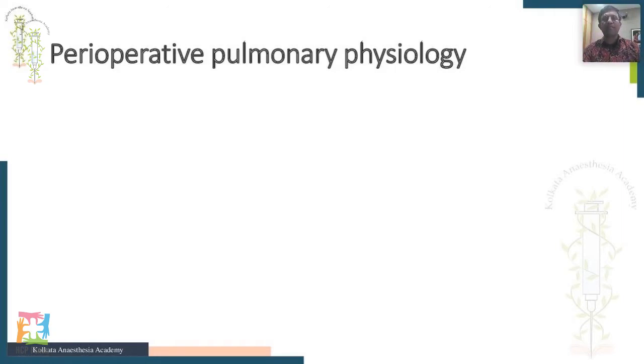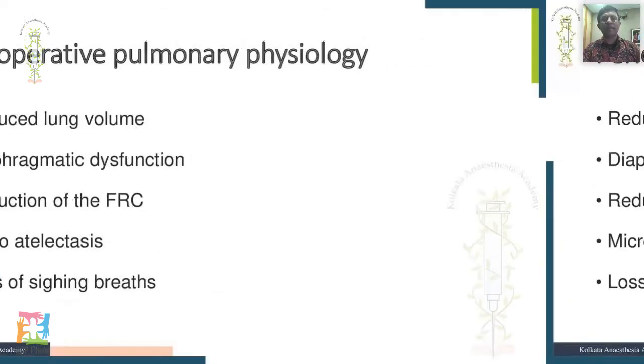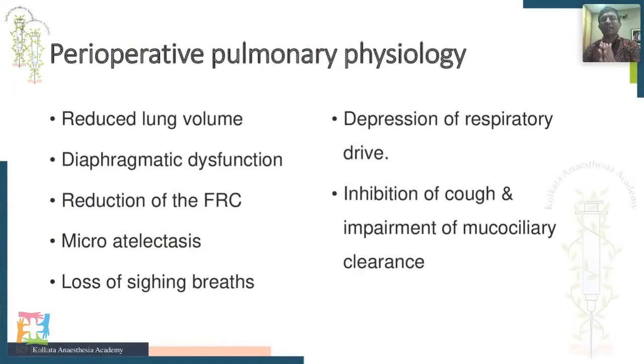So we'll first deal with perioperative pulmonary physiology. If you look at the perioperative pulmonary physiology, the development of postoperative complications is essentially an extension of the derangement of the pulmonary physiology, which is mostly of the restrictive type, like reduced lung volumes, diaphragmatic dysfunction, reduction of the FRC, microatelectasis, loss of sighing breaths, and depression of the respiratory drive, inhibition of cough, and impairment of mucociliary clearance.